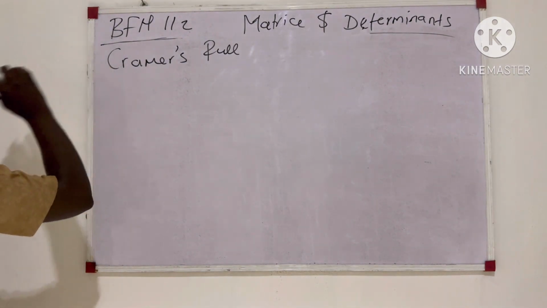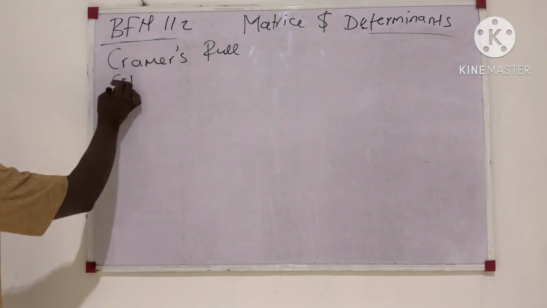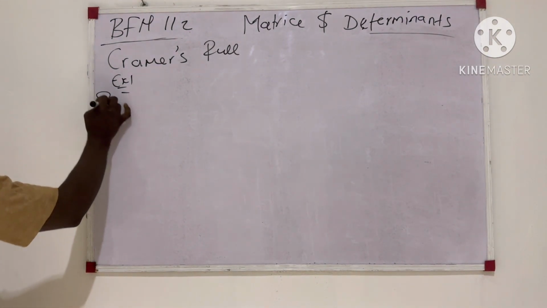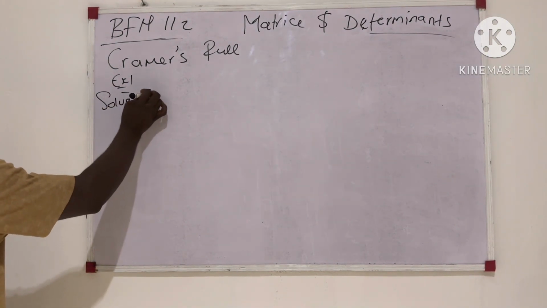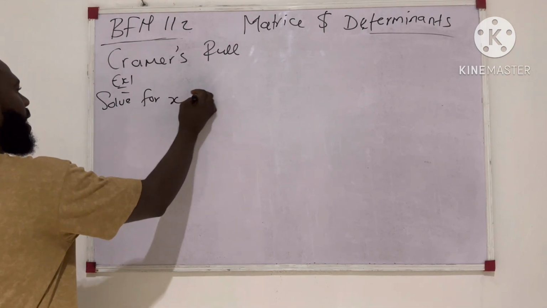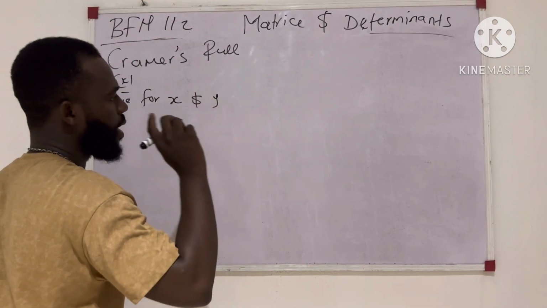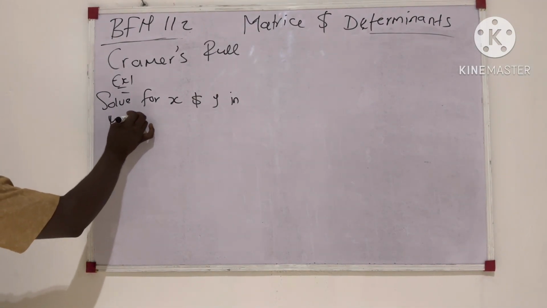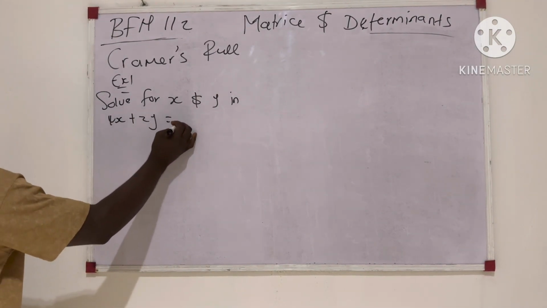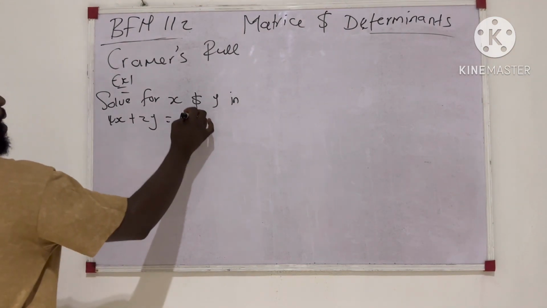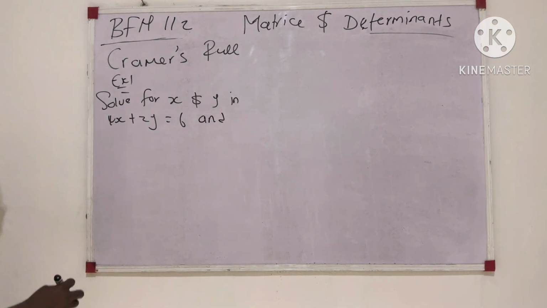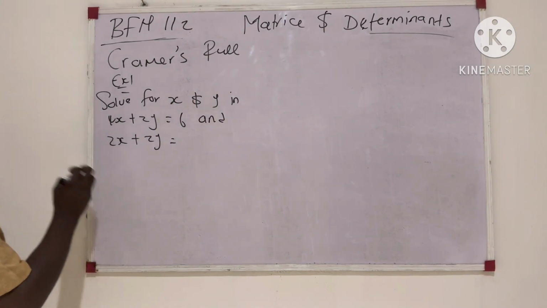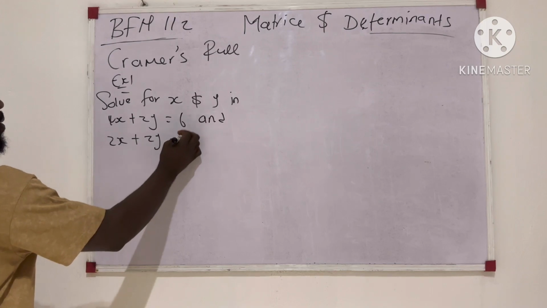Example 1 says, using Cramer's rule, solve for x and y in 4x plus 2y equal to 6 and 2x plus 2y equal to 4.